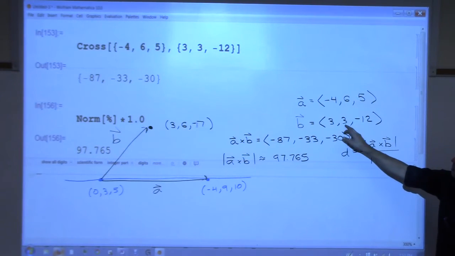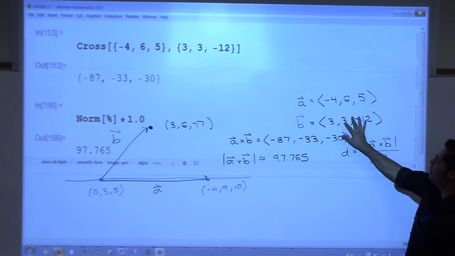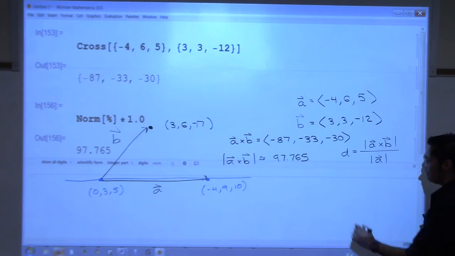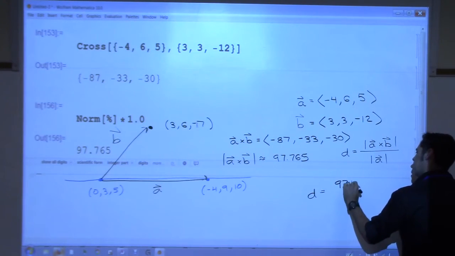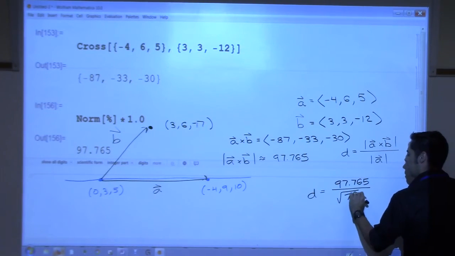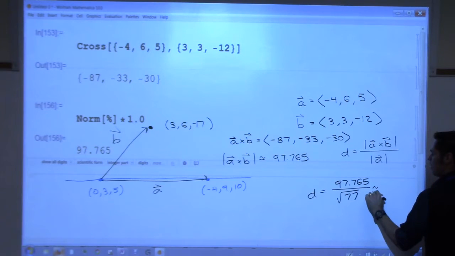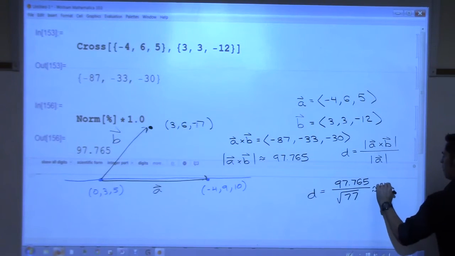This square plus this square plus this squared, right? Oh, I was pointing at B. Sorry. This. Root 77. So 97.765 over root 77 is approximately 11.14.